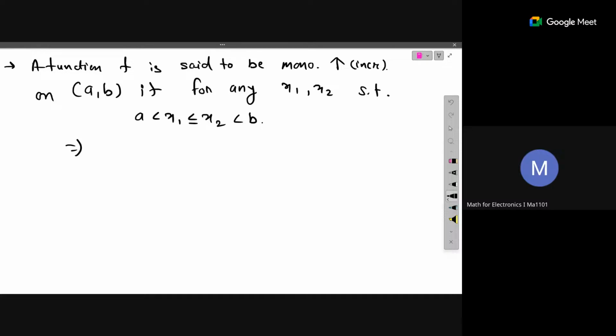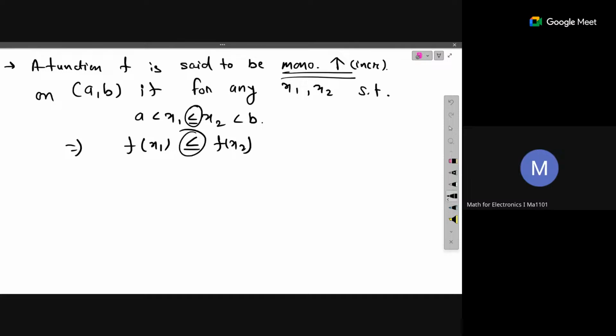That means if x1 is less than or equal to x2, then f of x1 is also less than or equal to f of x2. So this inequality is preserved, and this is known as a monotonically increasing function.